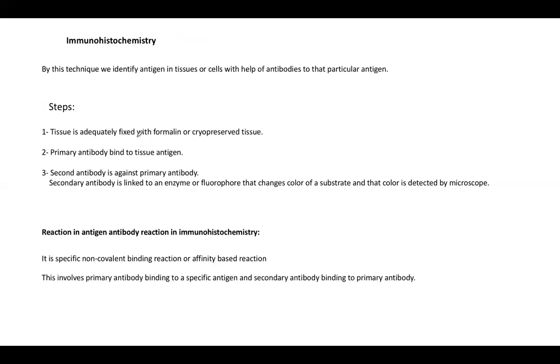So what is immunohistochemistry? Immunohistochemistry is a laboratory technique by which we identify antigen in tissues or cells with the help of antibodies to that particular antigen.